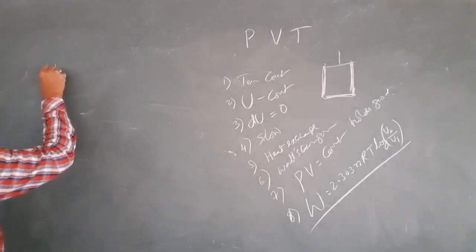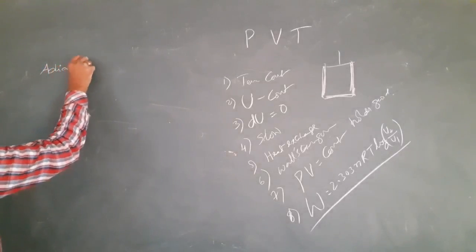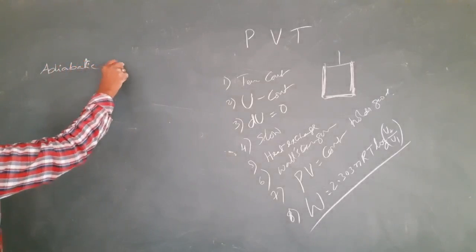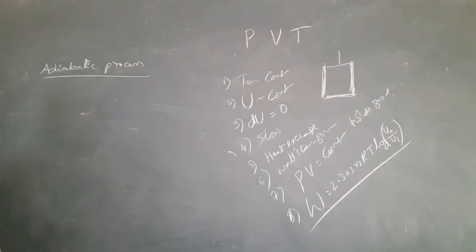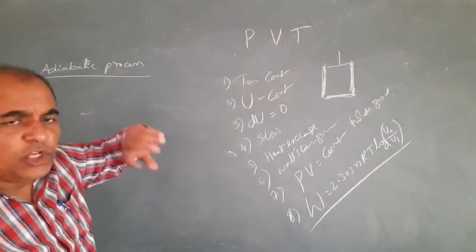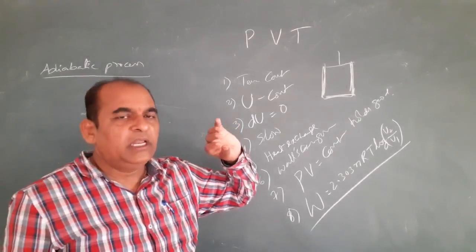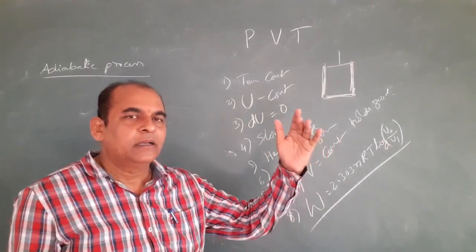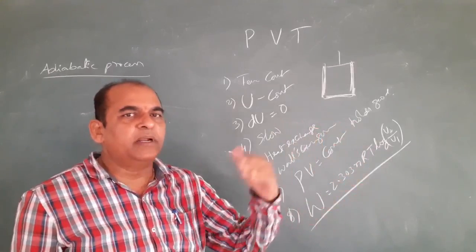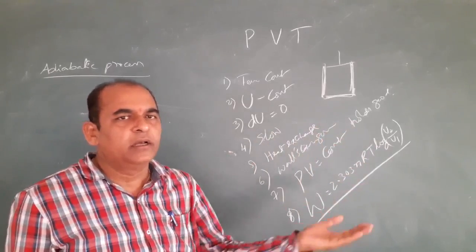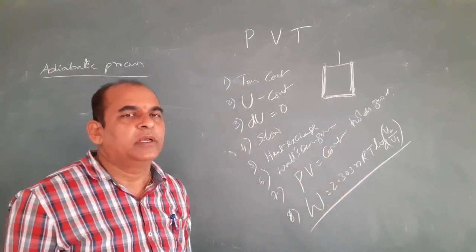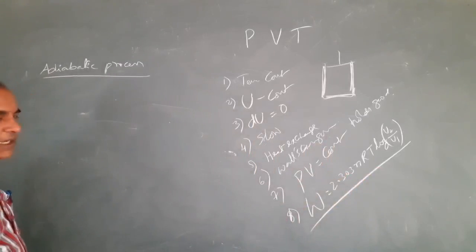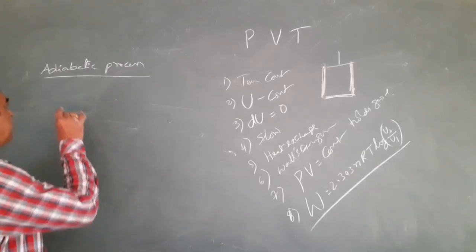Next, about the adiabatic process. It is a change in volume and pressure in a thermally isolated system. That means heat cannot exchange between the system and surroundings. Heat will not go outside or enter into the system. That is called an adiabatic process. Volume and pressure can change, and the temperature is variable.